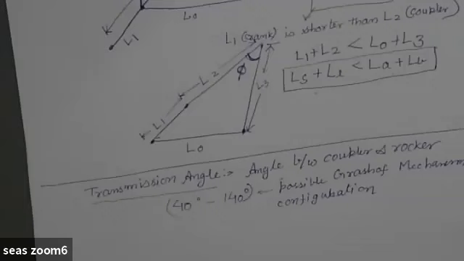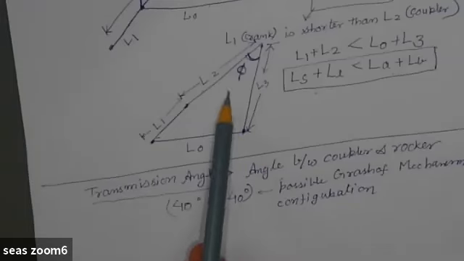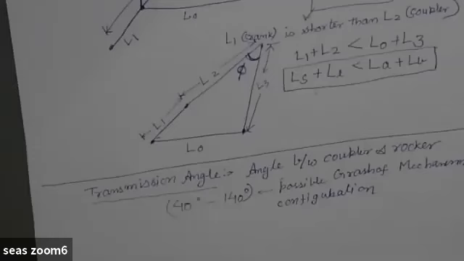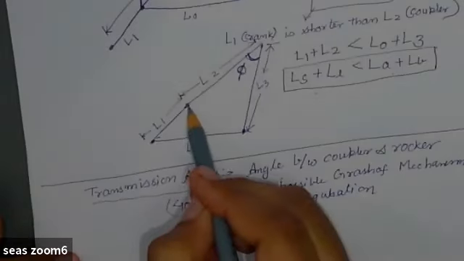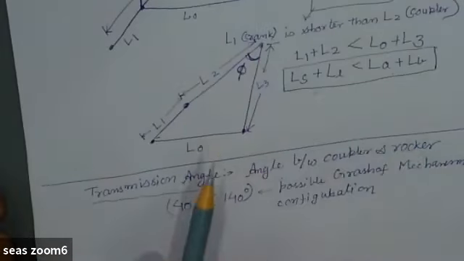So this high bearing force must be avoided, and therefore when we design a mechanism we should keep this phi between 40 to 140 degree. So this is one measure to prevent the excessive wear of the joints of the bearings here and here.